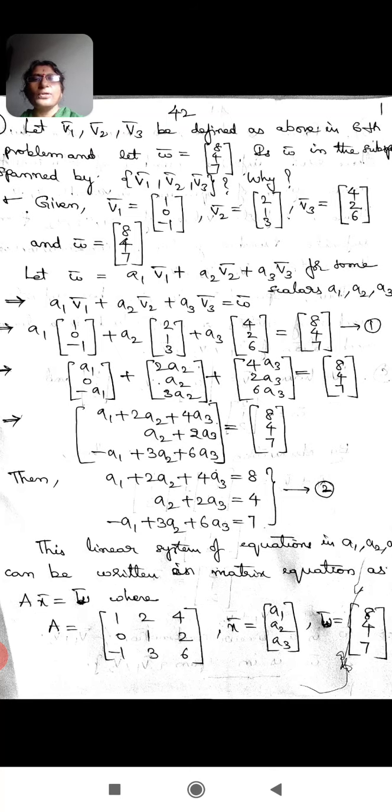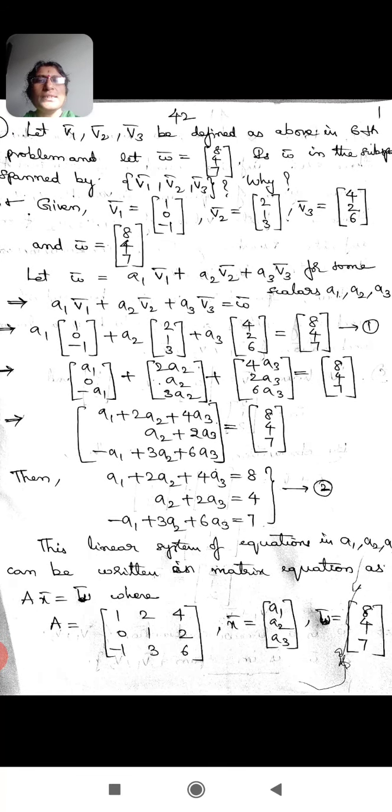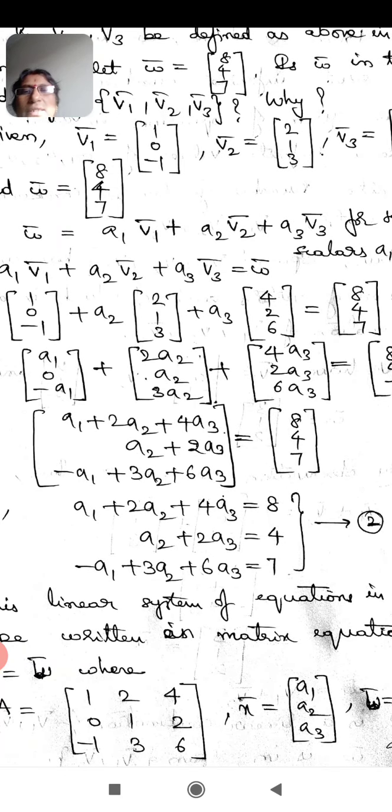Now substituting all these vectors, we get this. In the next step, we are just doing scalar multiplications by the scalars a1, a2, a3 to the column vectors v1, v2, v3 respectively, and get the resultant vectors as a1, 0, minus a1; 2a2, a2, 3a2; 4a3, 2a3, 6a3.